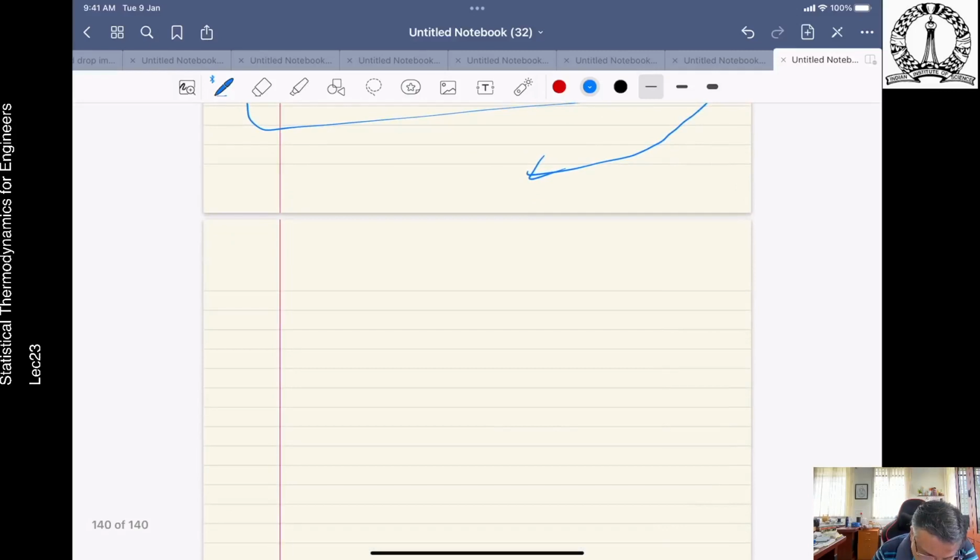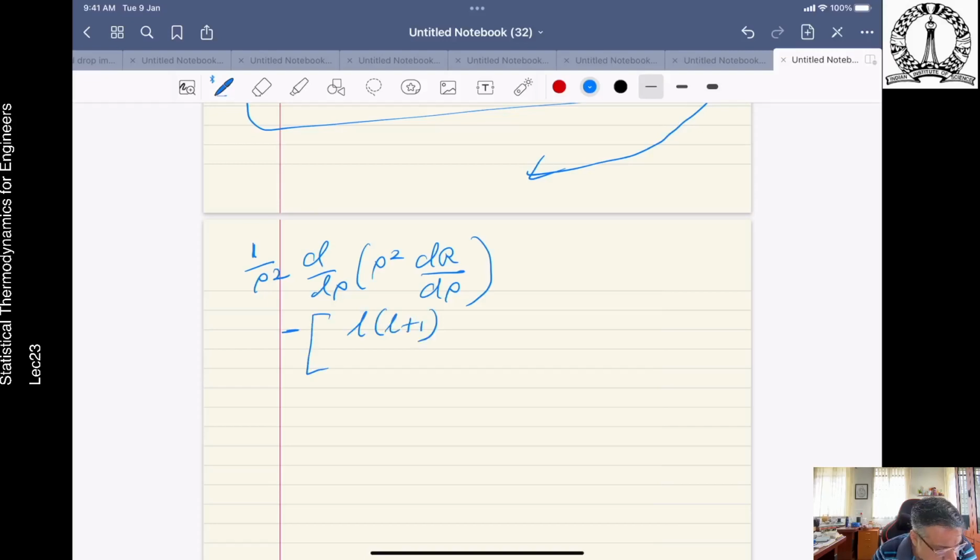This equation now becomes 1 over rho squared d by d rho of rho squared dR by d rho, minus L into L plus 1 over rho squared, plus n by rho, minus 1/4, into R is equal to 0.